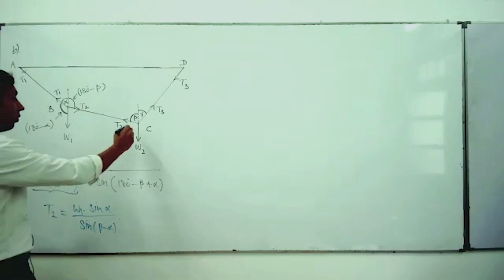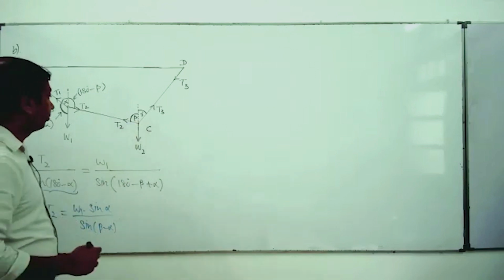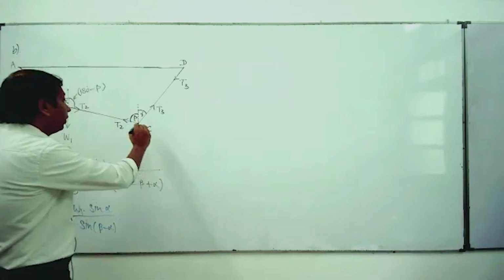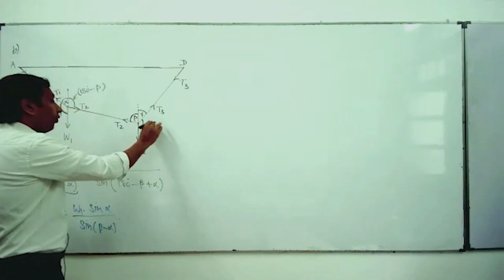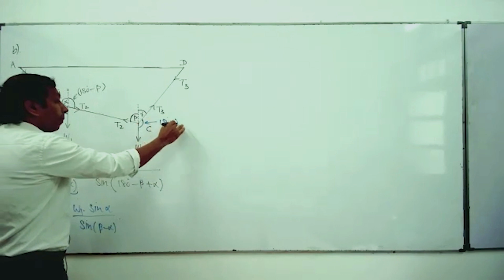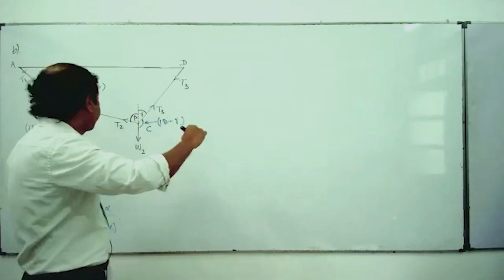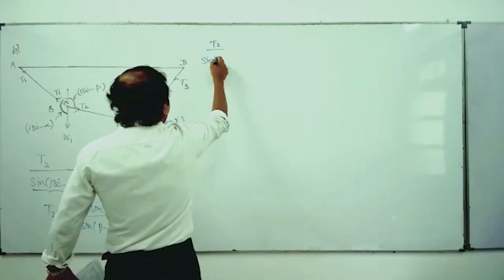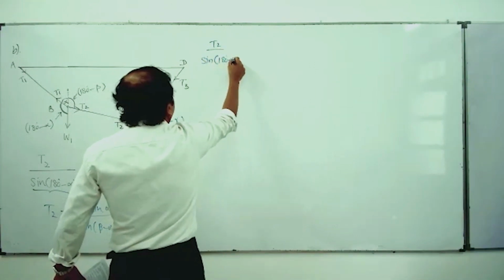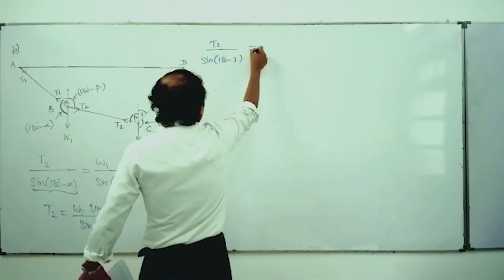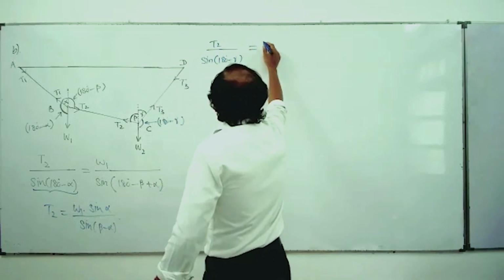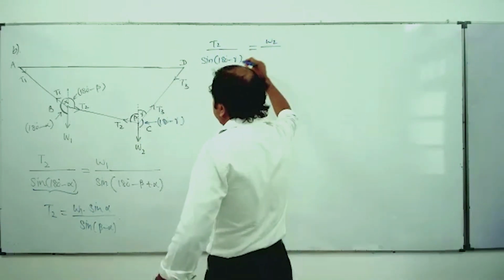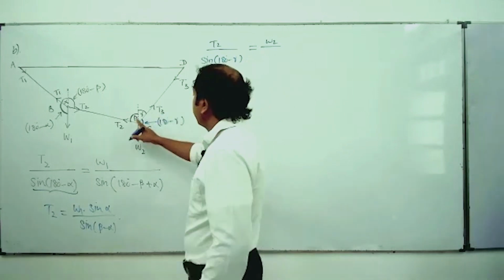Then here we apply Lamy's theorem again. This angle is 180 minus gamma. T2 over sine 180 minus gamma equals W2 over, what is the angle between the other two forces?